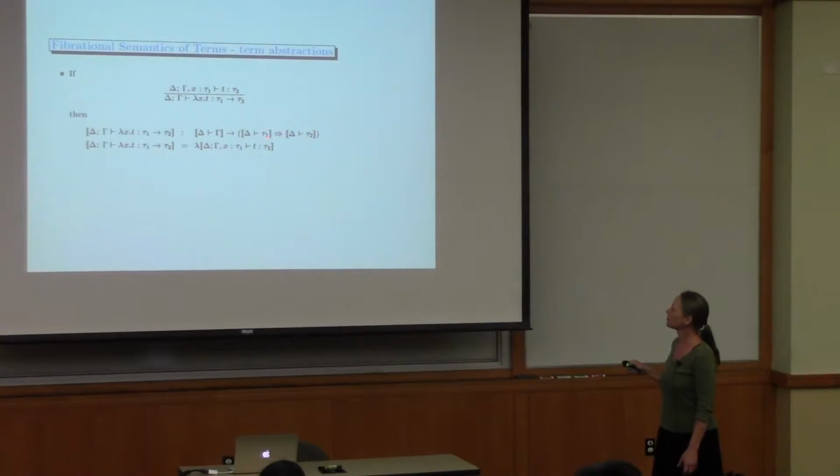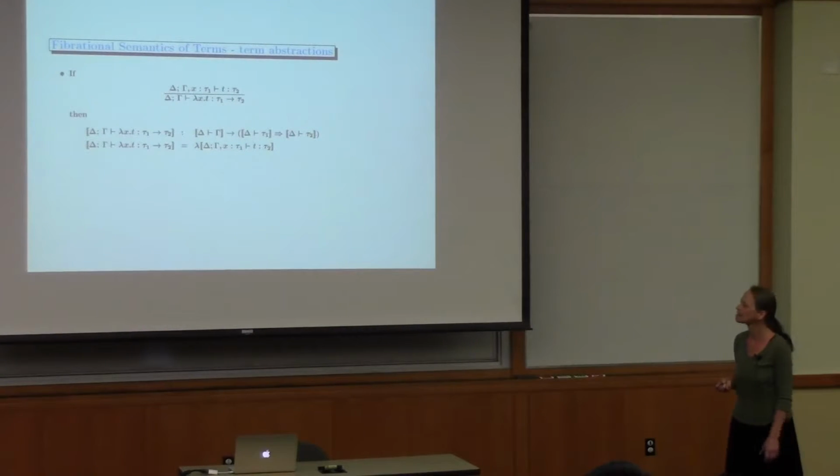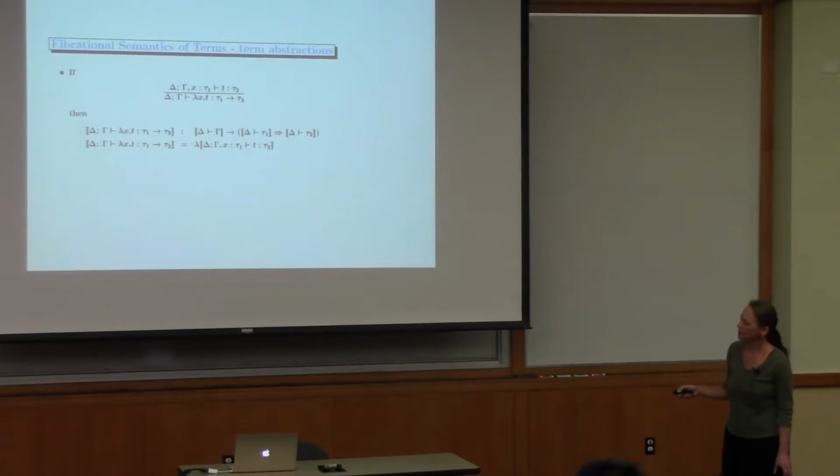Well, the interpretation of the return type is the interpretation of tau 1 arrow tau 2, and that's just the interpretation of tau 1 exponential the interpretation of tau 2, right, using the stuff we did on the last slide. So I'm going to define my interpretation of lambda x dot t to be lambda of the interpretation of t, but in a slightly larger context. So this is the same lambda. That lambda is that lambda.